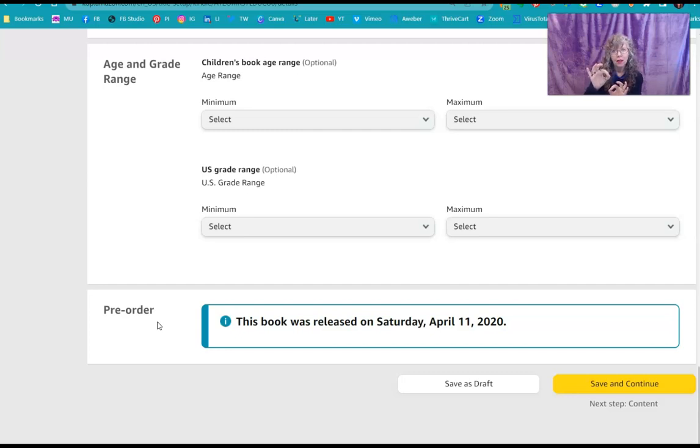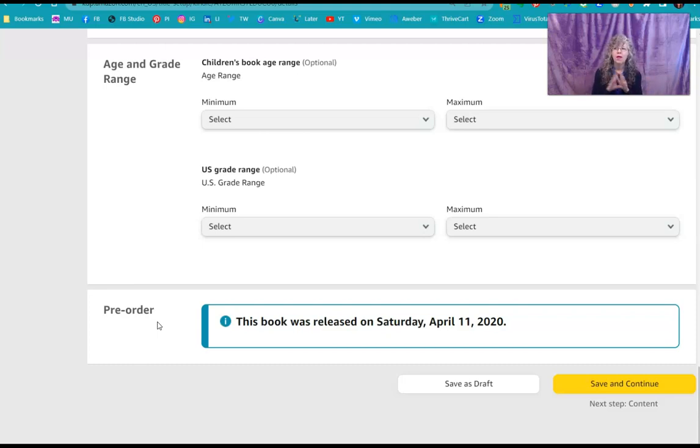But these two choices that you get, it's either I'm going to publish it as soon as I put it up here and it looks good, so I'm publishing immediately. Or I want to put it on pre-order. I'm going to pick a date out in the future where I'm going to do this huge launch and I'm going to tell everybody and their brother, and I'm going to invite everyone I know and every other author I know and all of my friends and people that have big lists on Amazon or big email lists.